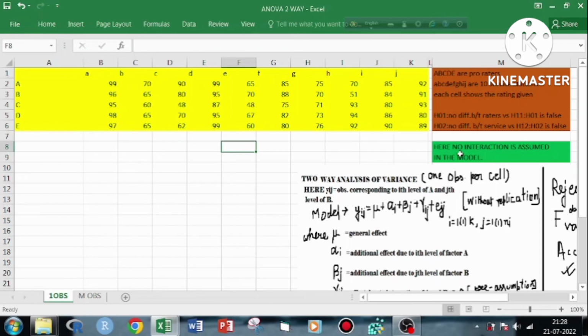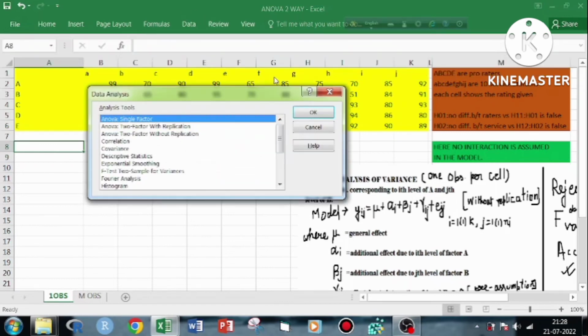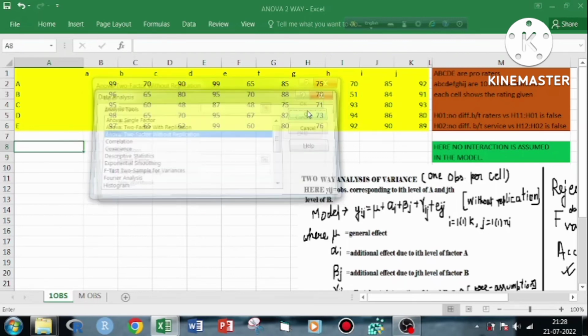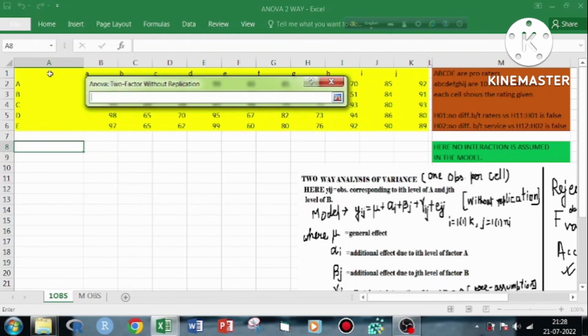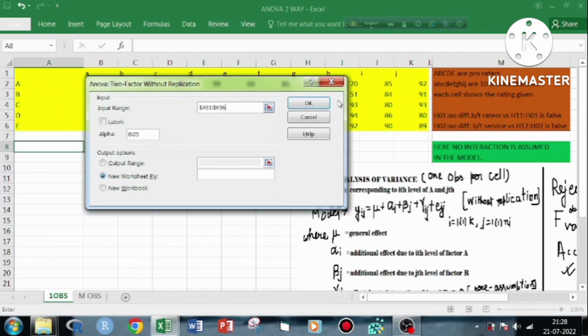So now we will be using this Excel data analysis. Anova: Two-Factor Without Replication. We don't have any replication here. We select our input range. Yes, there are labels. Level of significance 0.05 alpha. Output range. Select this.